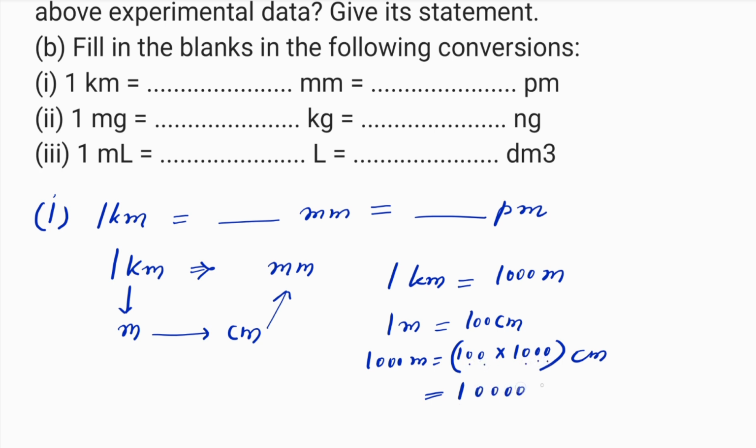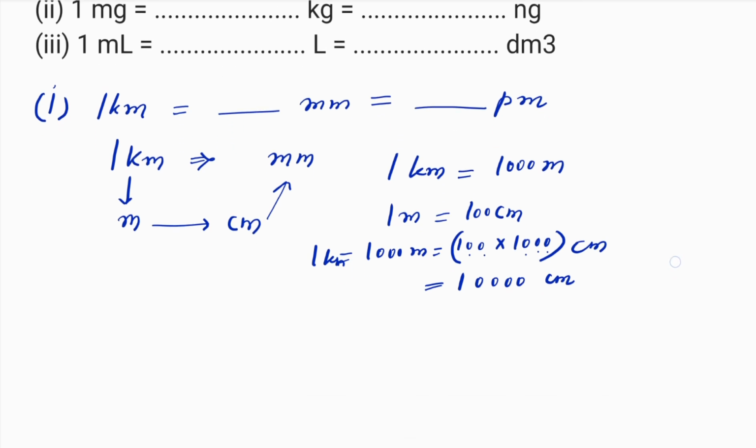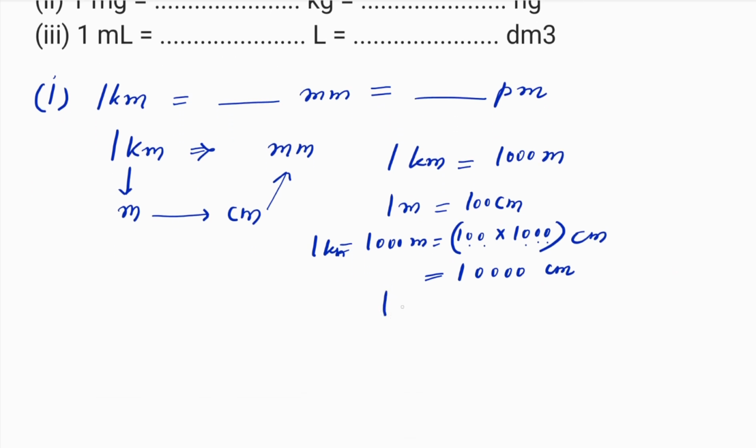This is equal to 1 kilometer. Now convert this centimeter into millimeter. Remember that 1 centimeter is equal to 10 millimeter.